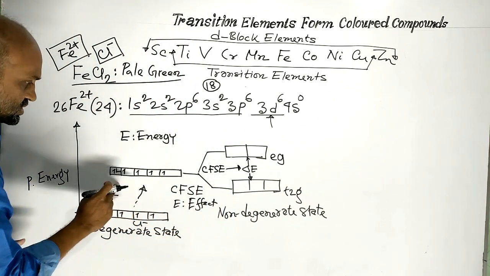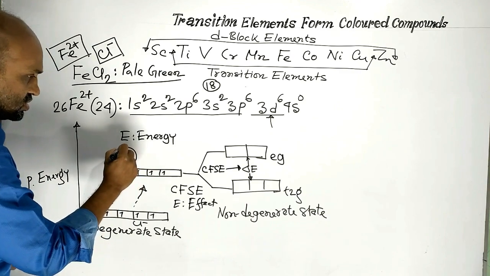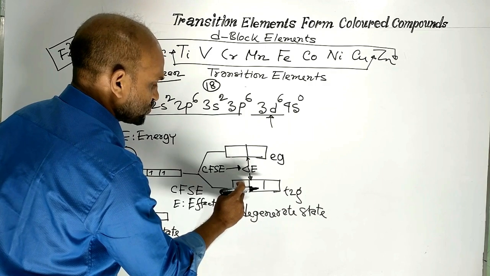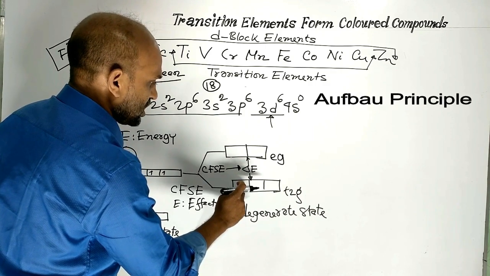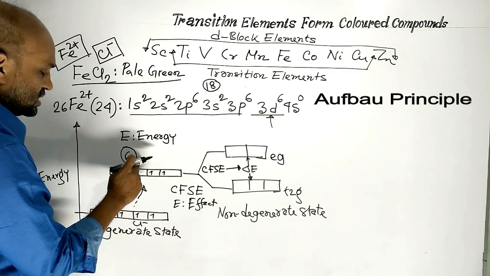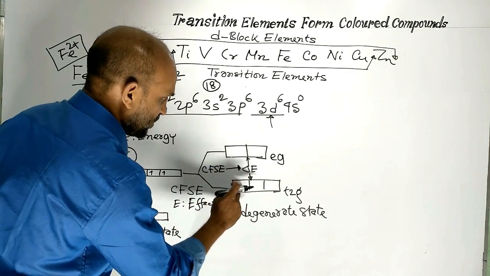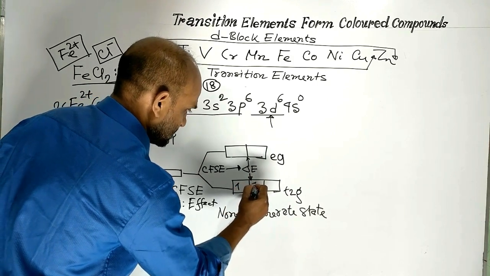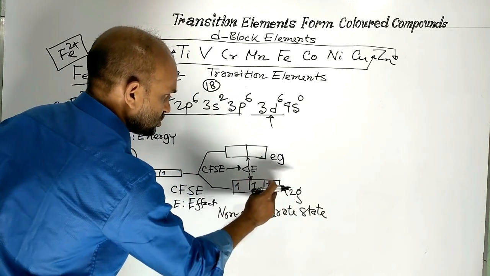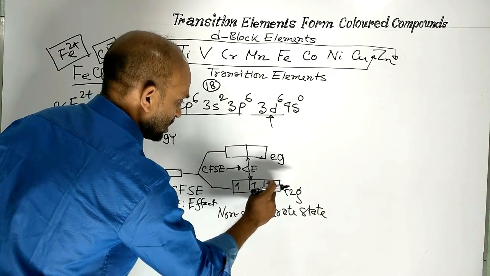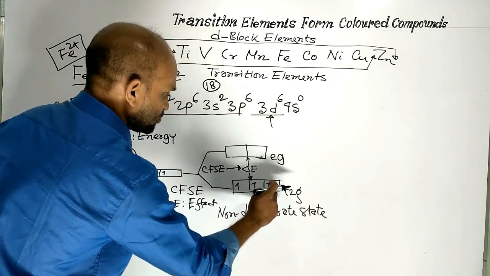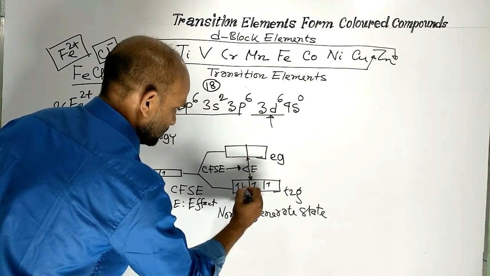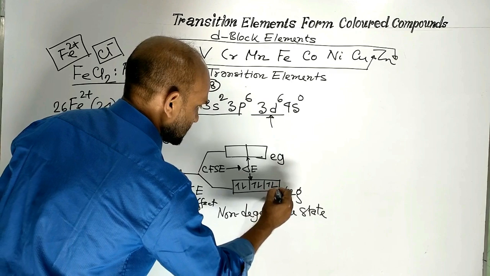Now these 6 electrons occupy these orbitals again according to the Aufbau principle. According to the Aufbau principle, electrons will first occupy the lower energy orbitals, and according to Hund's rule, one each in orbitals 1, 2, 3.